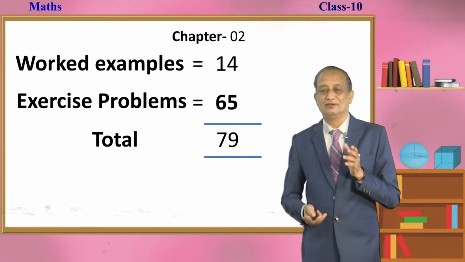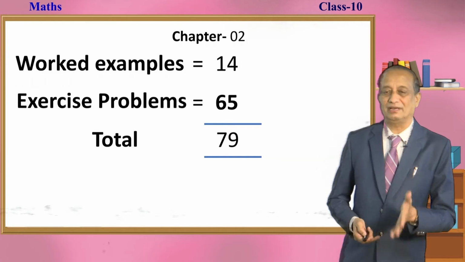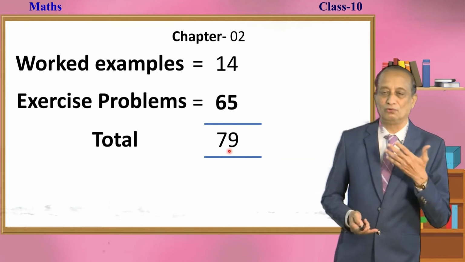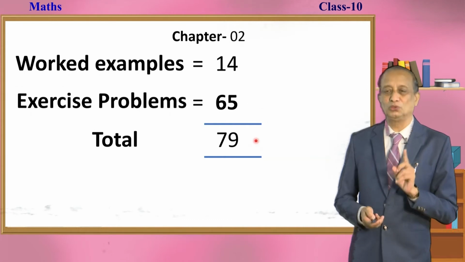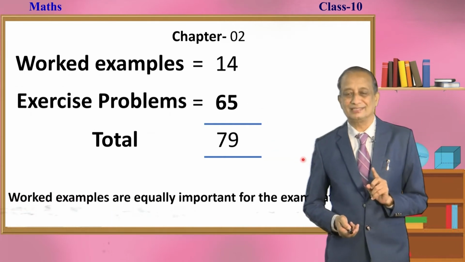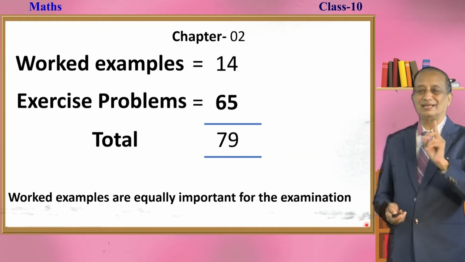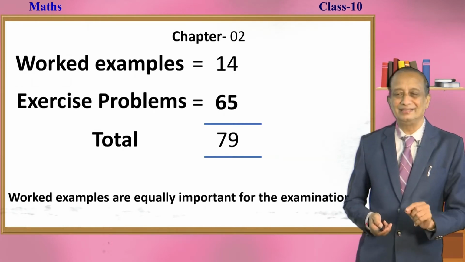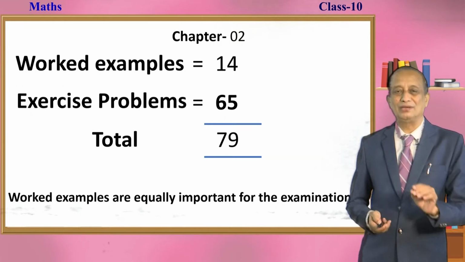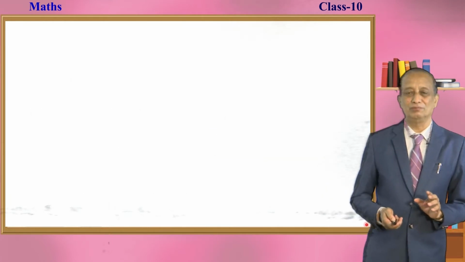In other words, in this chapter there are about 79 problems. So, 14 worked examples and 65 problems. The purpose of showing you is this: for the public examination even the worked examples are equally important. Please read them and study them, make a note of it in your class or book, children.